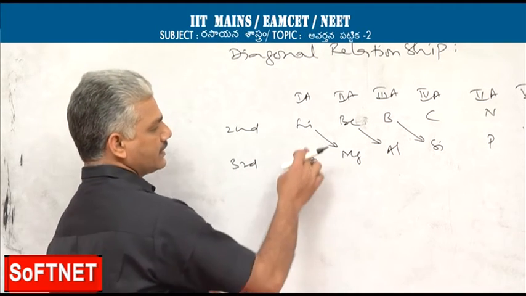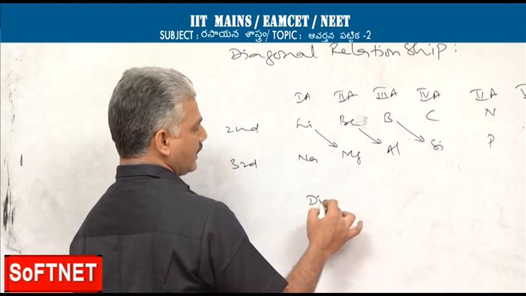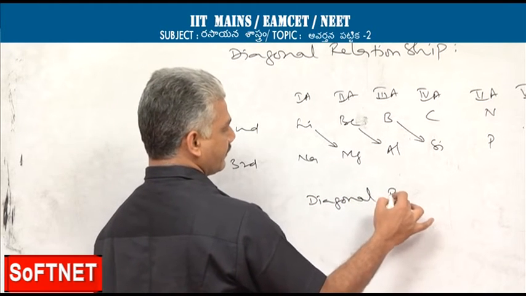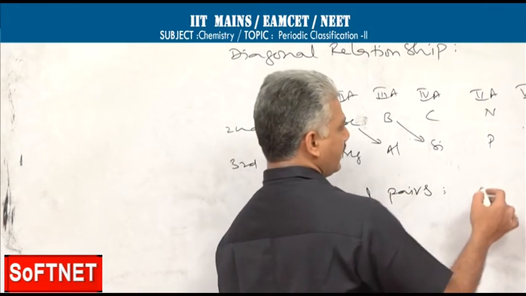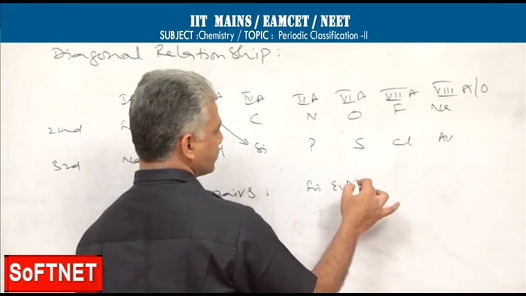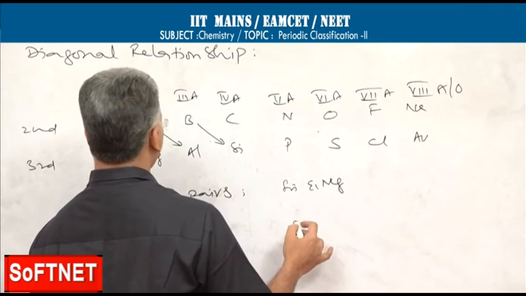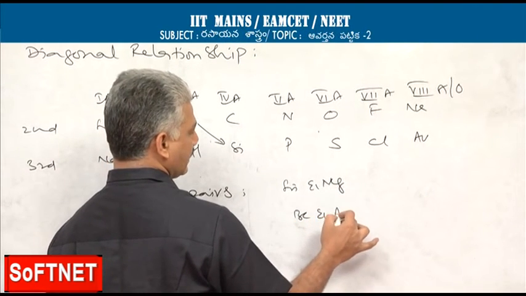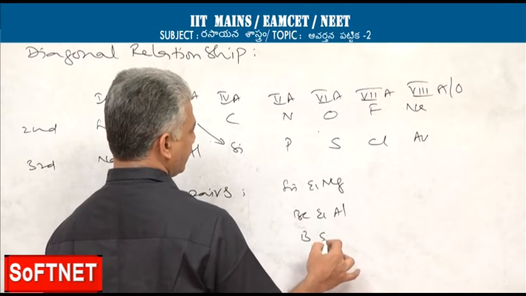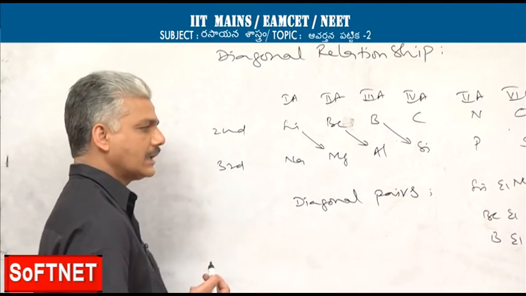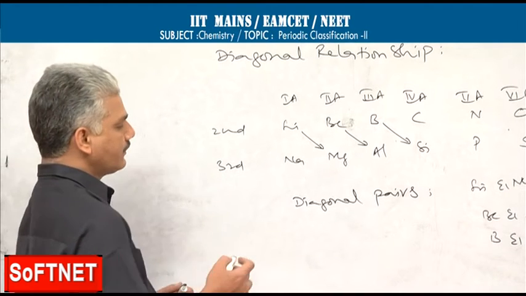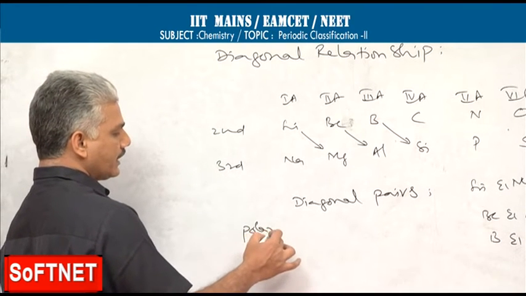That is why these pairs are called diagonal pairs. The first pair being lithium and magnesium, second pair being beryllium and aluminum, third pair being boron and silicon. The reason for diagonal relationship is somewhat attributed to polarizing power.